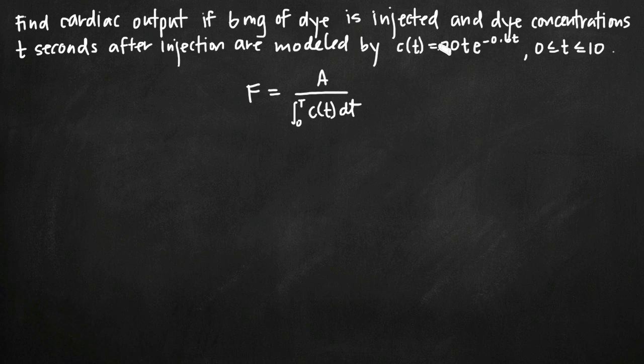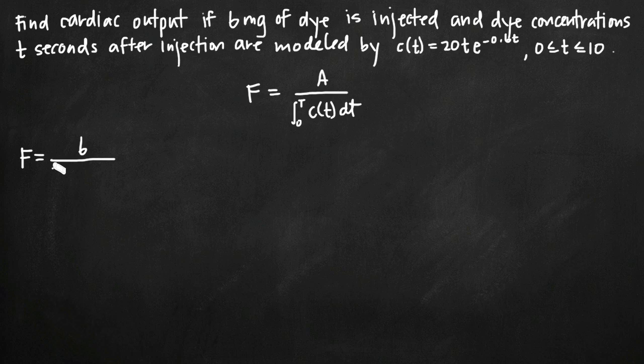So because we've been given the function, and because we've been given our time interval, in other words, we're going to measure the amount of dye remaining from the time that we inject at 0 until 10 seconds after injection, we can plug 0 and 10 into our equation here. So we're going to get an equation for flow or flux. And again, we have 6 milligrams of dye, so we're going to have 6 divided by this integral here.